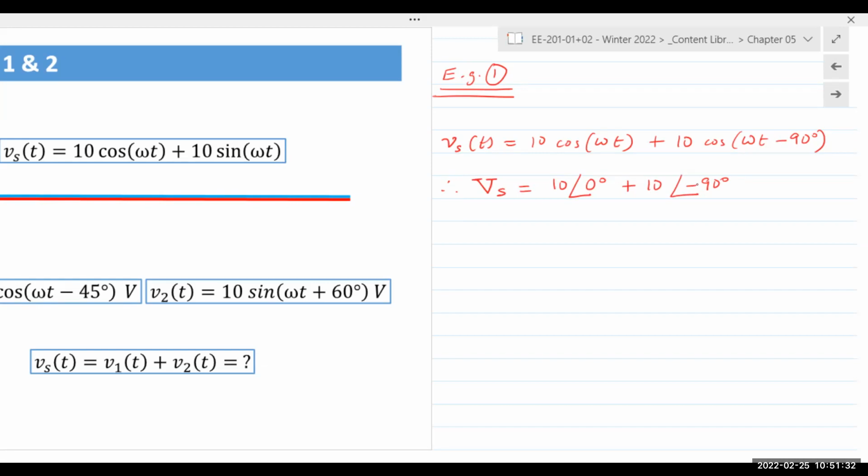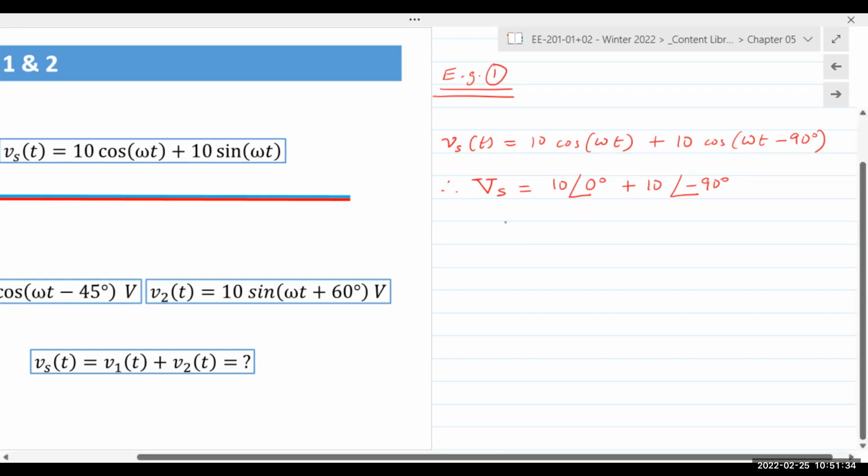What I would do is this. I would convert this to rectangular coordinates. Converting this to rectangular coordinates gives me 10 plus j0. And this would be 0 minus j10.